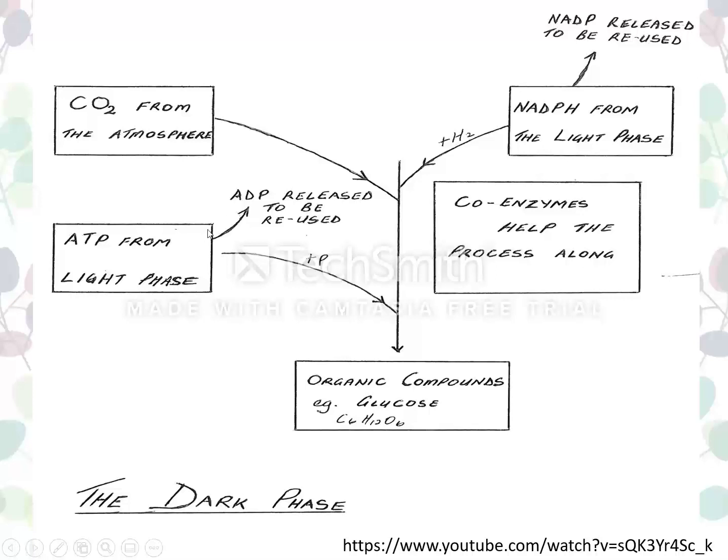The ATP, when its energy is used up, we'll be left with ADP. ADP will return to the grana to be used in the light phase. When NADPH has carried the hydrogen, NADP will be left over to return to the light phase.